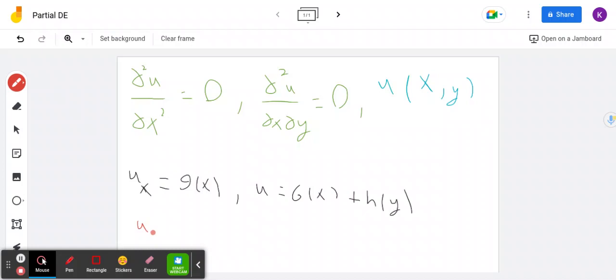I can call those with small g, it doesn't really matter.